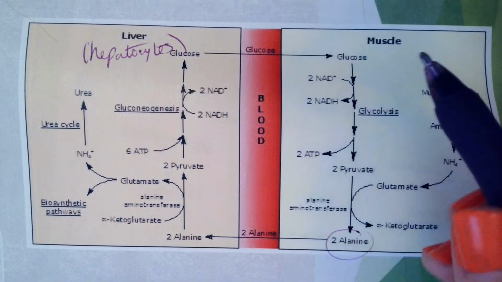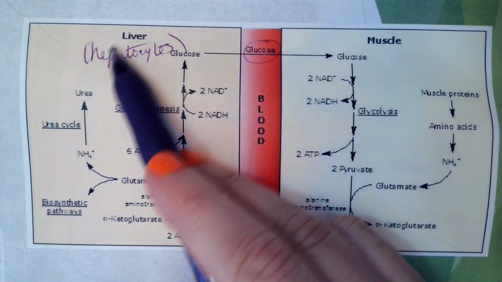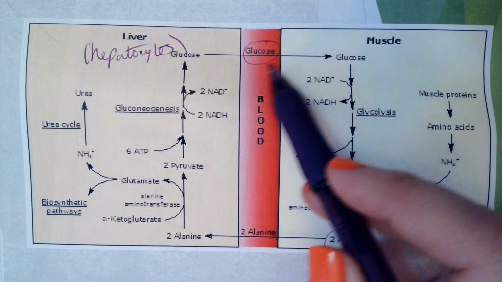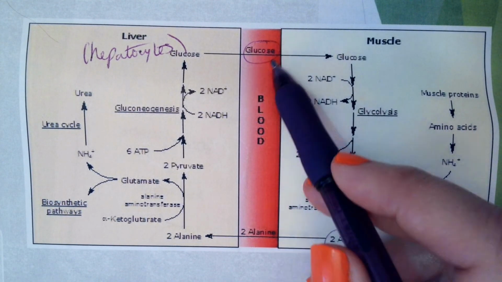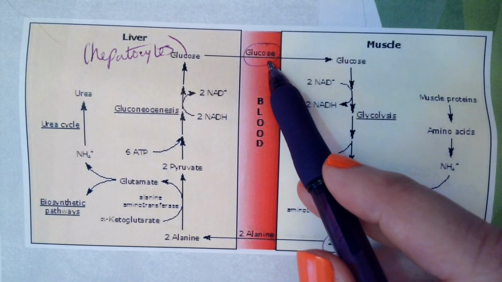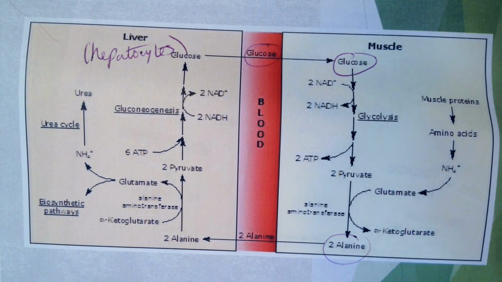Anyway, let's start with our glucose. In this case, it's coming from the hepatocytes, from the liver, but wherever that glucose might have come from, maybe from being in the fed state, the source of the glucose doesn't so much matter as long as we have the glucose at the start of the process.